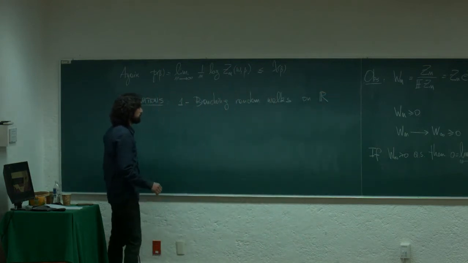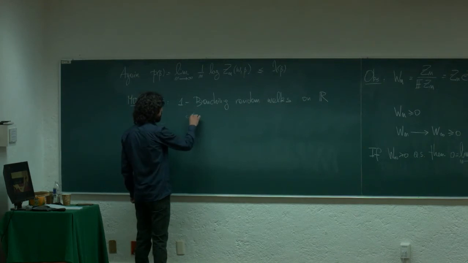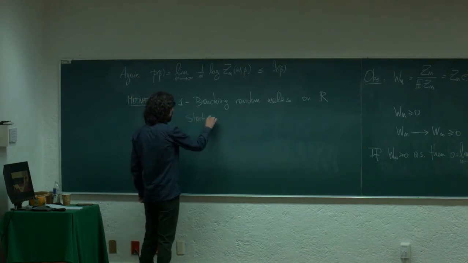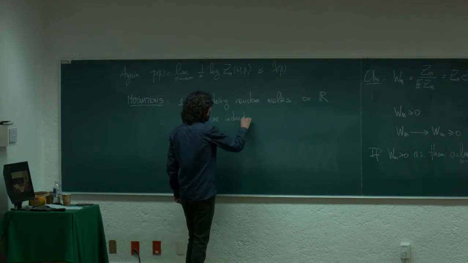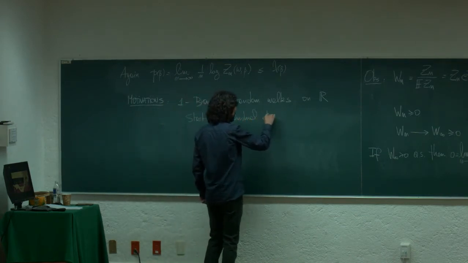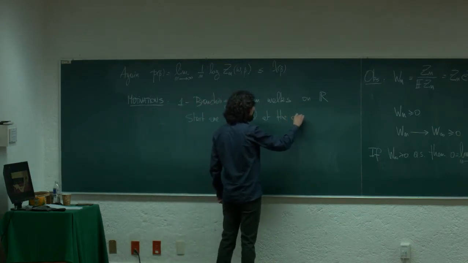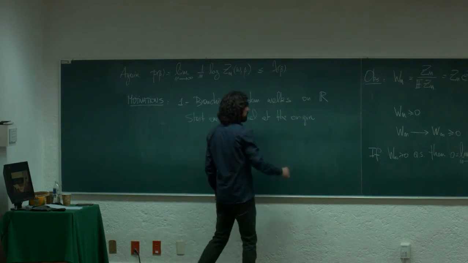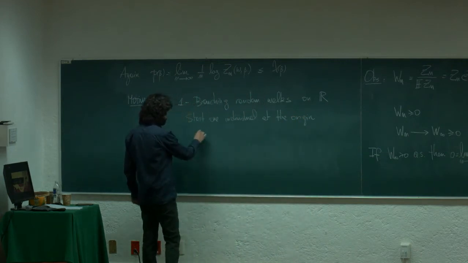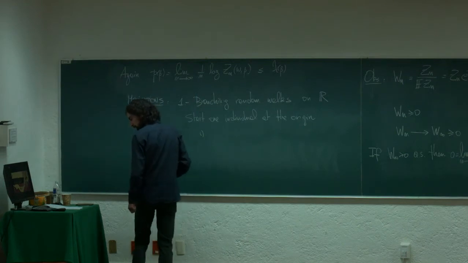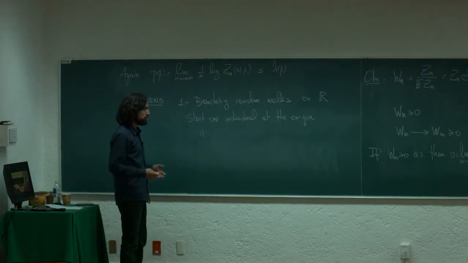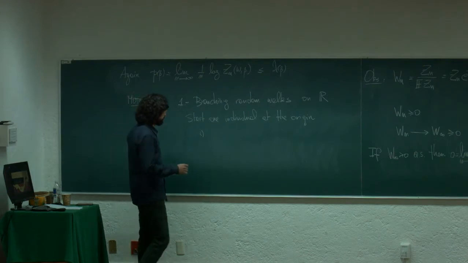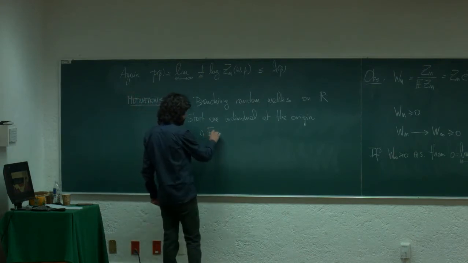So the setting is the following. You start with one individual at the origin, and then the rules are the following: at each integer time, each individual splits into B children.